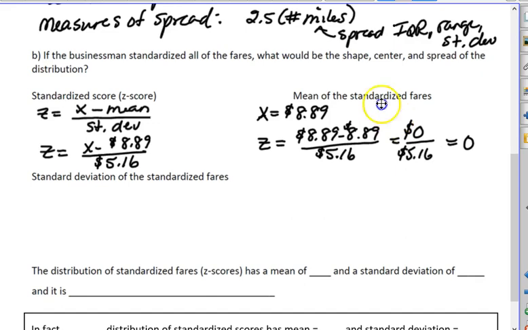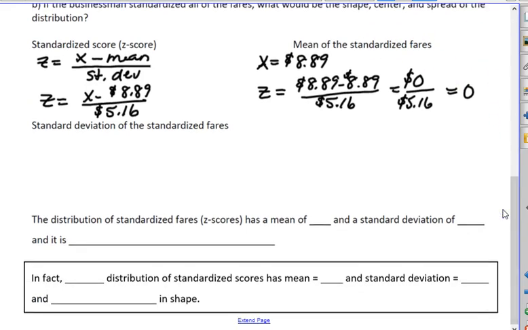So recall that the standardized score is the number of standard deviations from the mean. So the mean is 0 standard deviations from itself. Okay, so the mean of a standardized score is always going to be 0. Now I want to find the standard deviation of the standardized fares. So the standard deviation would be the value that would be one standard deviation above the mean.